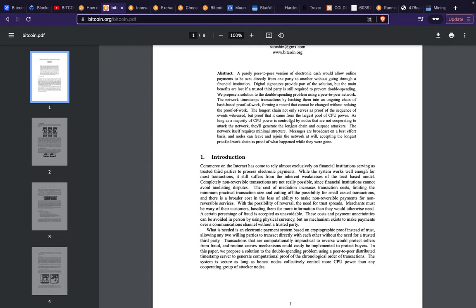So, what is proof of work? Basically, just like the words say, proof of work. You have to put energy, put work. Work is like energy. Basically, you have to move something. It's the push, the force, multiplied by the distance.